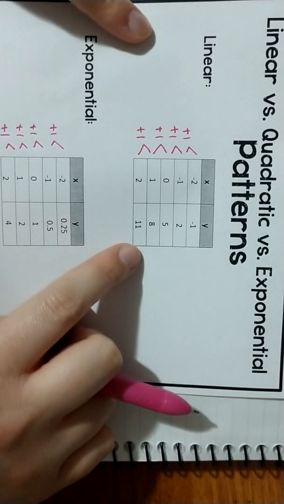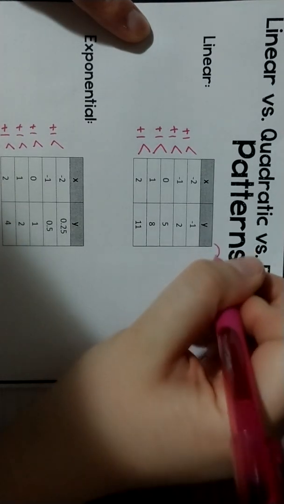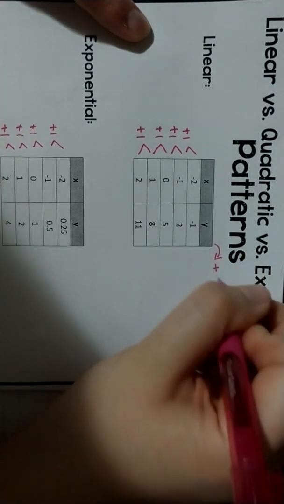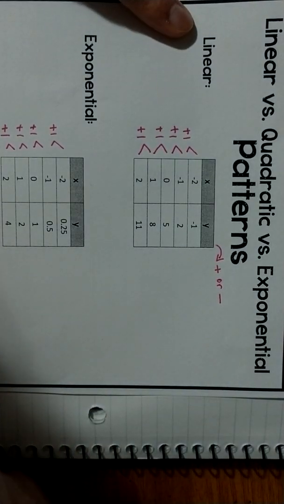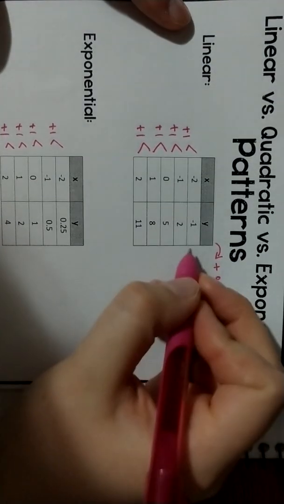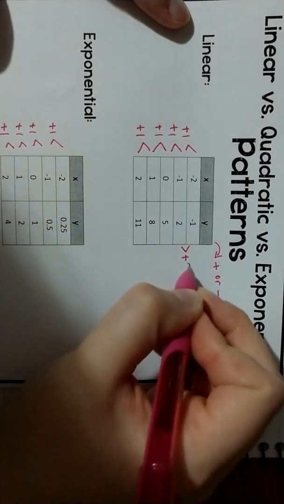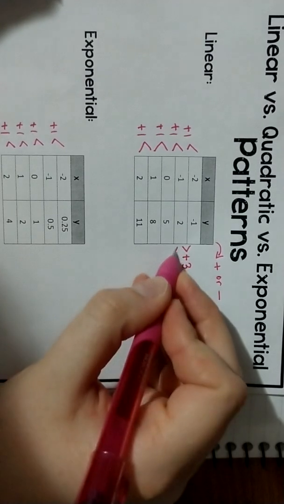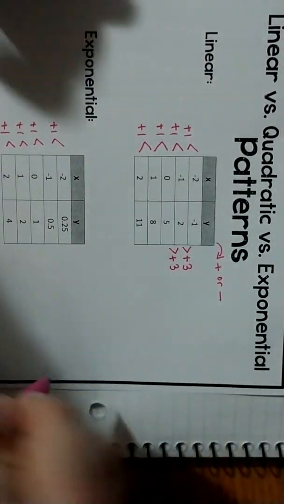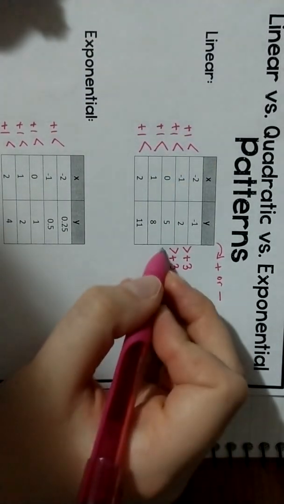So if you remember with linear, when we're looking at the patterns, the y pattern should be adding or subtracting for it to be linear. So let's see what's happening here. Negative 1 to 2, that is adding by 3. 2 to 5, also adding by 3. Yeah, add 3 to 2 to get 5.